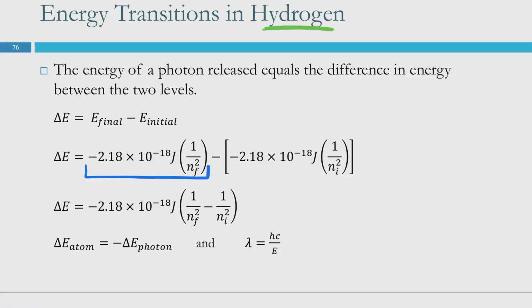What we can do with this, since they both have the same constant here, is consolidate the constant up in the front, and so we put the 1 over nf squared and the 1 over ni squared next to each other. I mentioned last class that we would see something that looks like the Rydberg equation, and this is it.